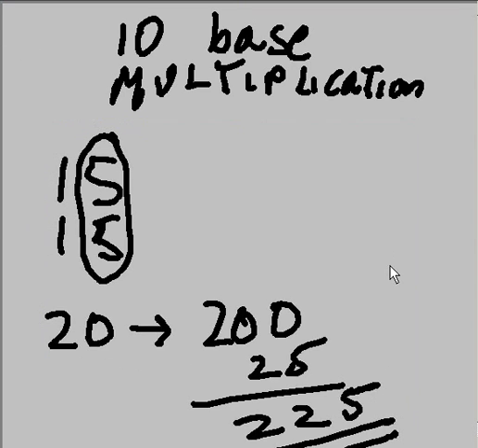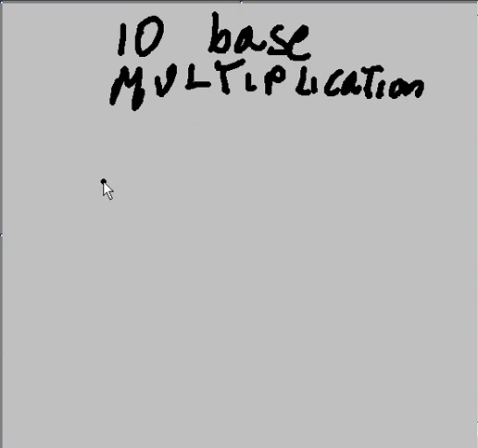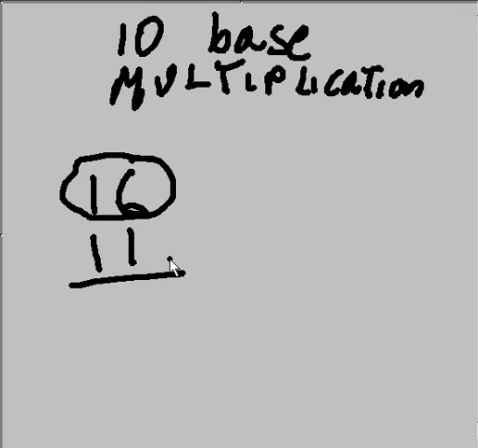Let's do another number. How about 16 times 11? That's good. I'd like to see that. I think the answer to this is 176. I think. Well, let's find out. So first we do 16 plus 1.